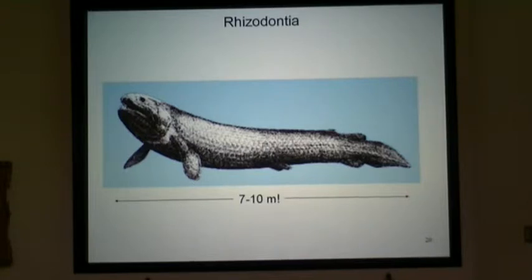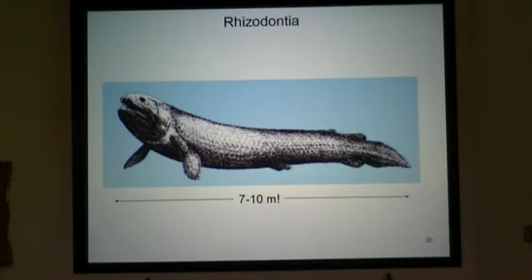So the origin of tetrapods lies within sarcopterygian fishes. These are lobe-finned fishes that have these big meaty fins on the front. This is Sauropterus. Some of these fishes got to be massive, 10 meters or so in length for some of the biggest ones, and a 10-meter fish crawling on land doesn't seem to really fit.